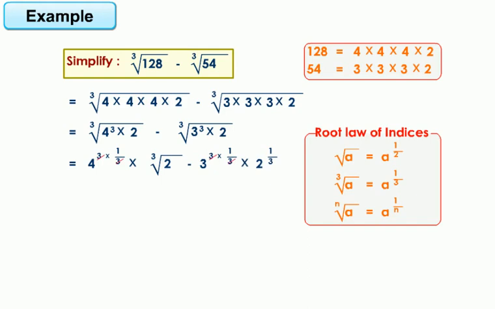By simplification, we can write 4 cube root 2 minus 3 cube root 2. Here, 4 cube root 2 and 3 cube root 2 are like terms. Hence, we can perform subtraction. So, in the next step, taking cube root 2 common, we write cube root 2 times (4 minus 3), which equals cube root 2.